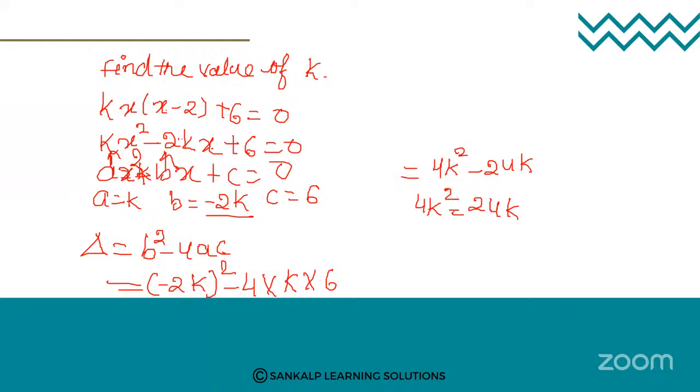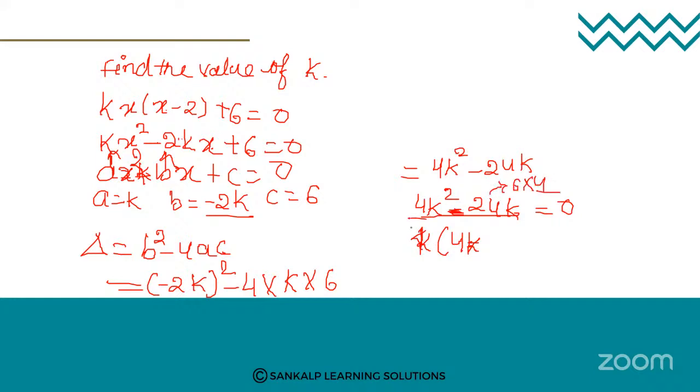Or else, before transferring, let us keep it like this. Now between these two, which one is common? So k term is common. And 4 is also common, as 6 fours are 24.